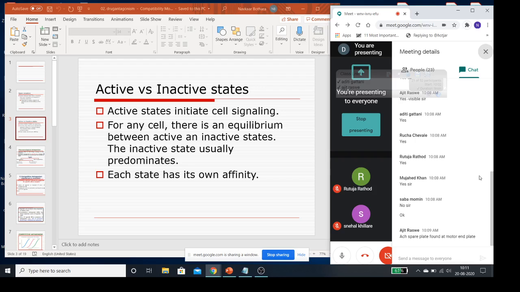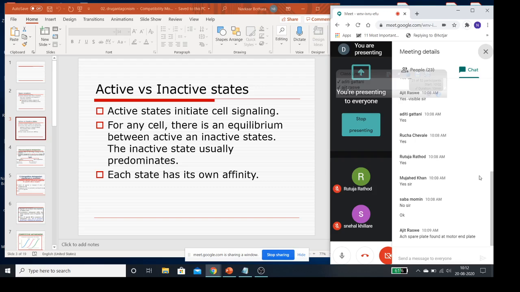So as I told you, some drugs act during their active state, mostly agonists, but some antagonists may have affinity toward the inactive state, and therefore they will retain it in an inactive state, and they are non-competitive. We will define this again for a clear explanation, and that will help you to understand throughout.